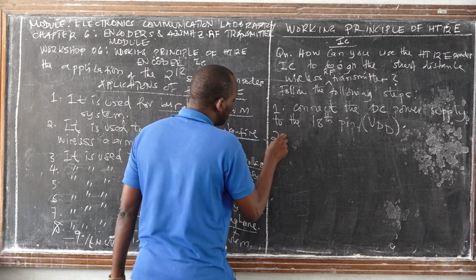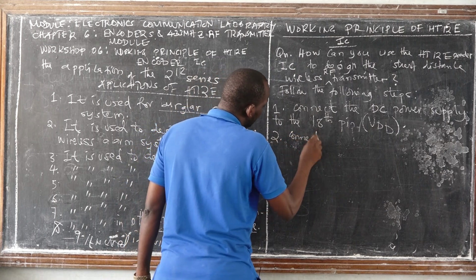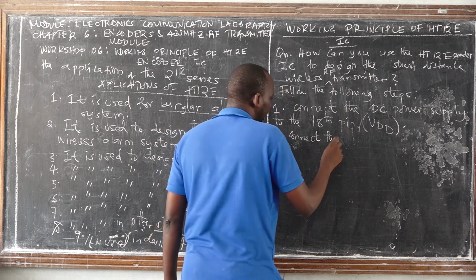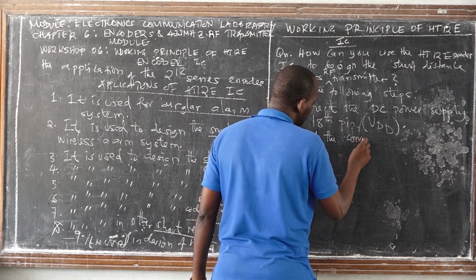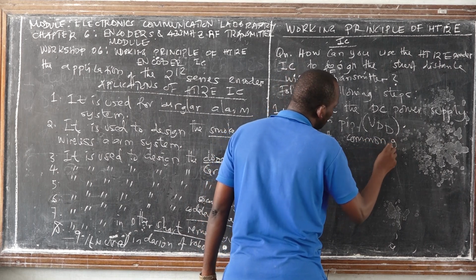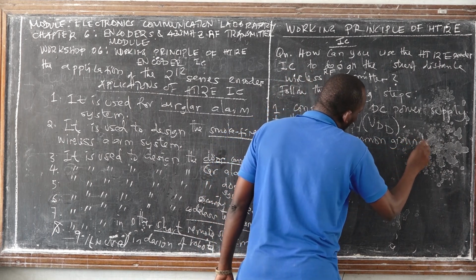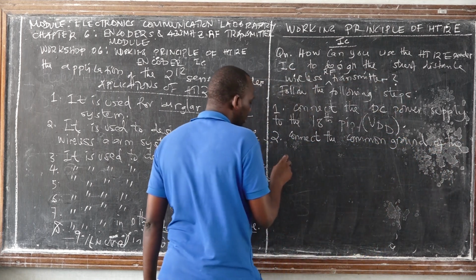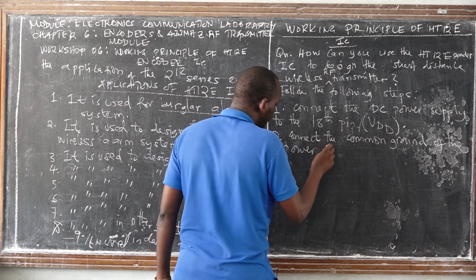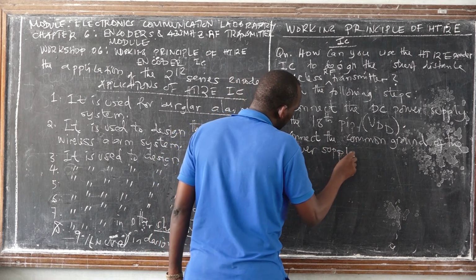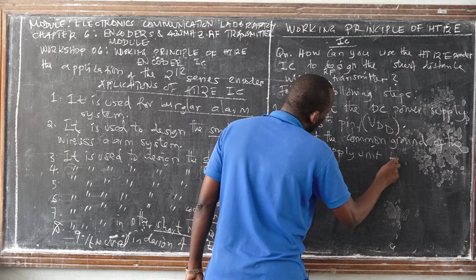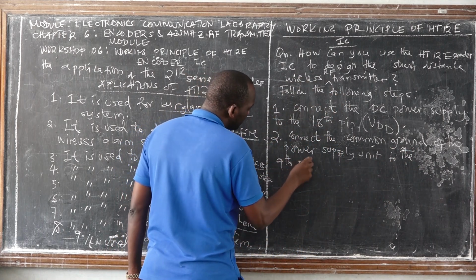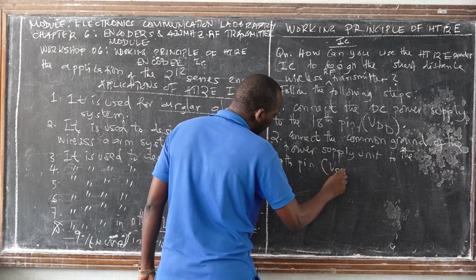The second step, we say connect the common ground of the power supply unit to the ninth pin, which you call the VSS.